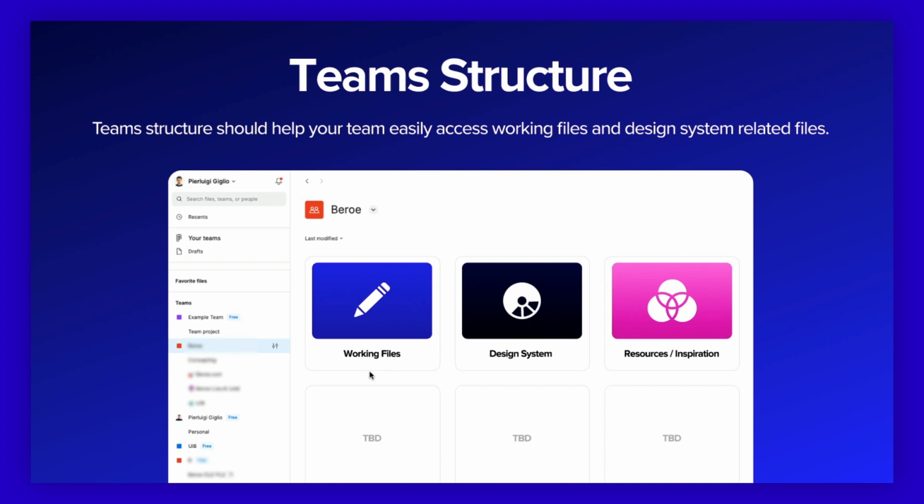On top of that, in some companies, you want to consider having completed and live files that have already been implemented in development. So you might have something like approved and then working files, design systems, resources and inspiration, and so on. And then of course, there are going to be company specific folders that you might want to add as well. So see this as inspiration for an initial structure which can work really well for the majority of companies, especially as you're scaling out.